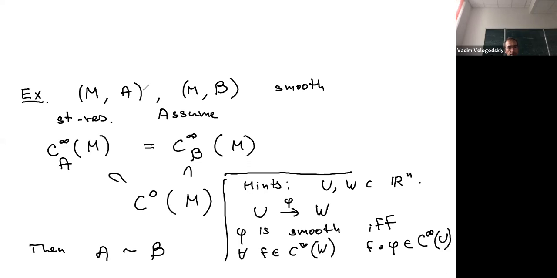In order to apply this, you need to know that there are sufficiently many smooth functions defined on all of M. You need to know how to construct them, and what you use here is a special case of what's called a partition of unity.